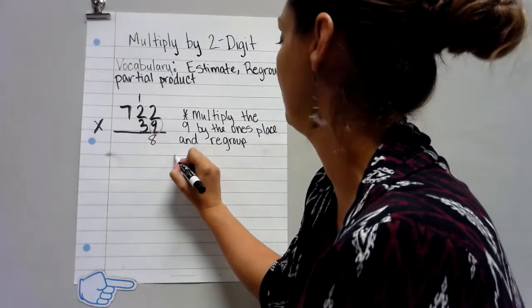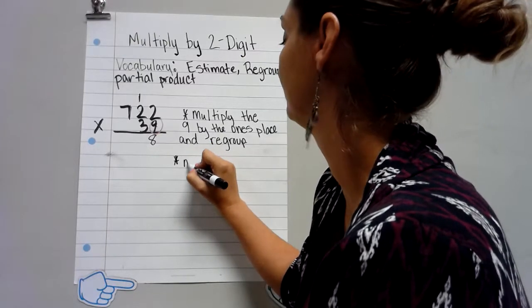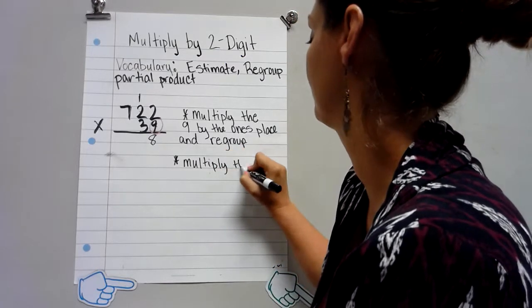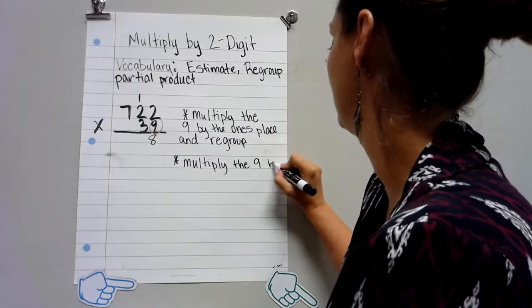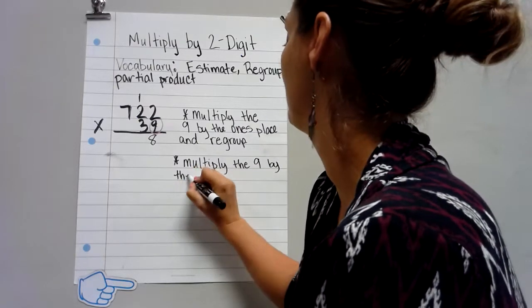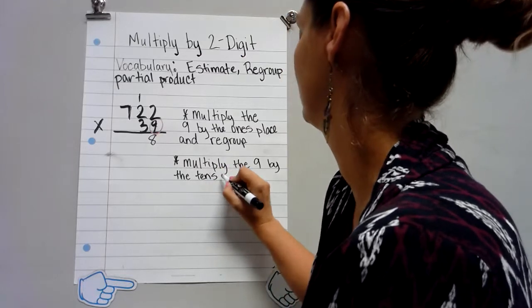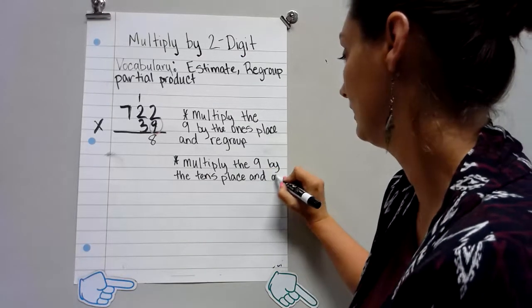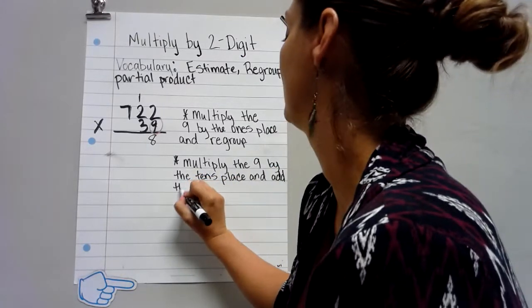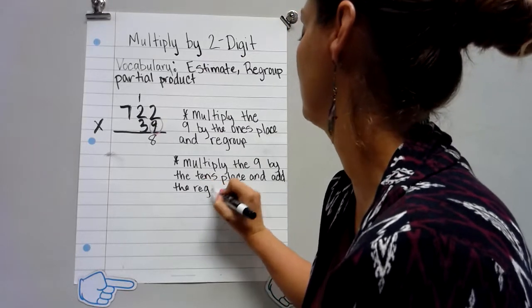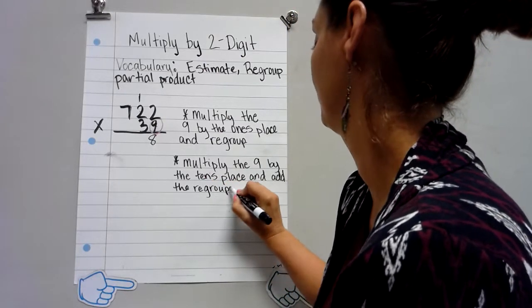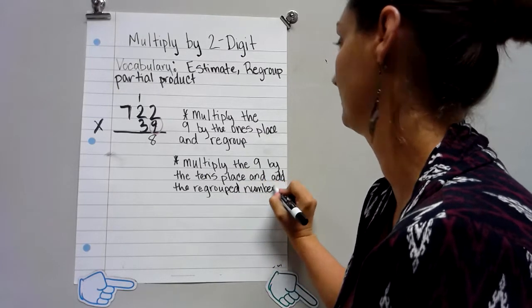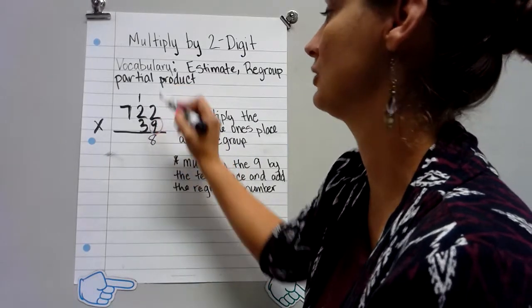So my next step is going to be to multiply the 9 by the tens place and add the regrouped number. So 9 times 2 is 18, plus 1 is 19.